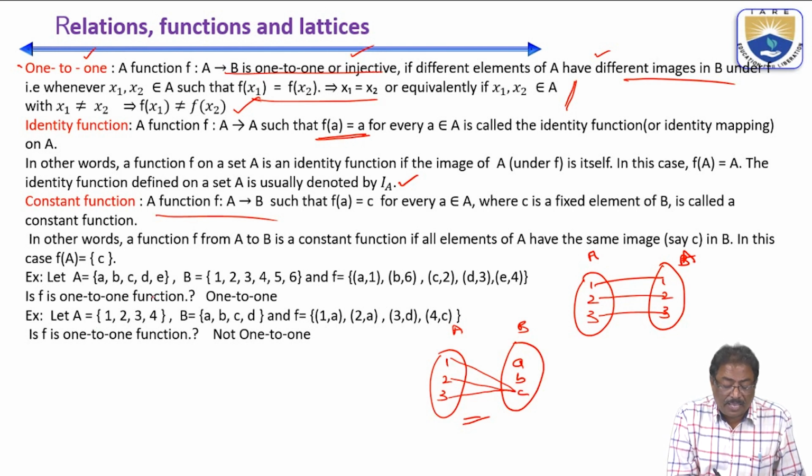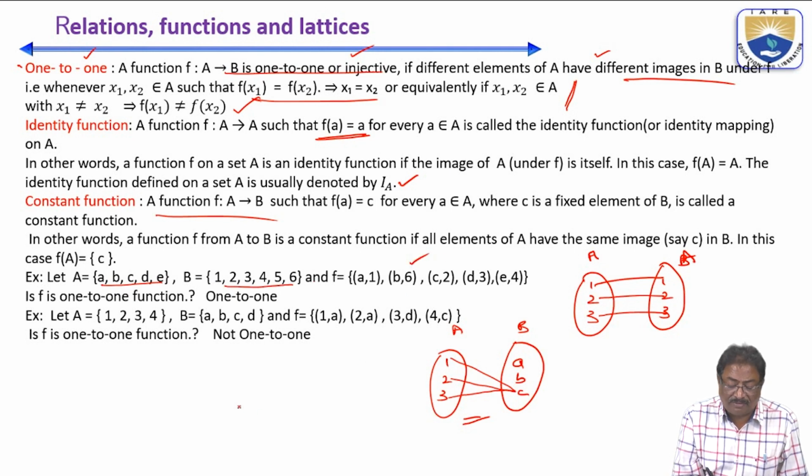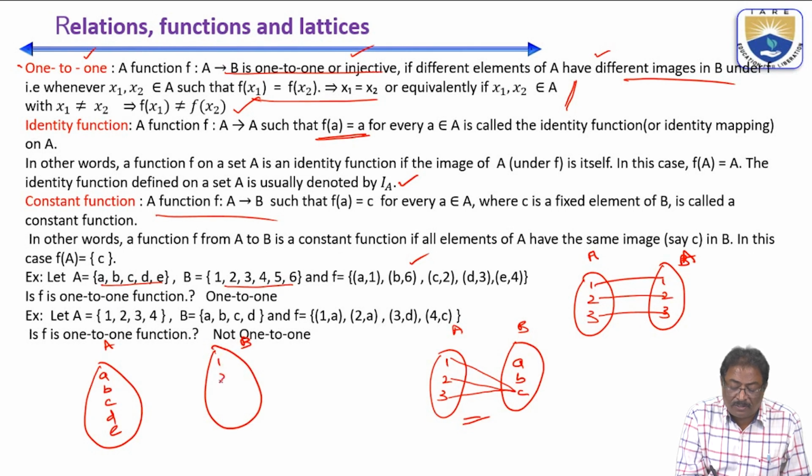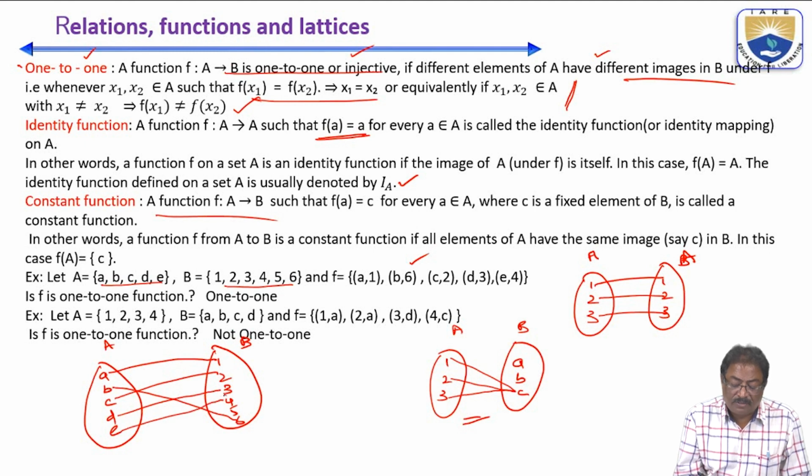Here A is this and B is this, and the function is defined as follows. A is a, b, c, d, e, and B is 1, 2, 3, 4, 5, 6. So a maps to 1, b maps to 6, c maps to 2, d maps to 3, and e maps to 4.